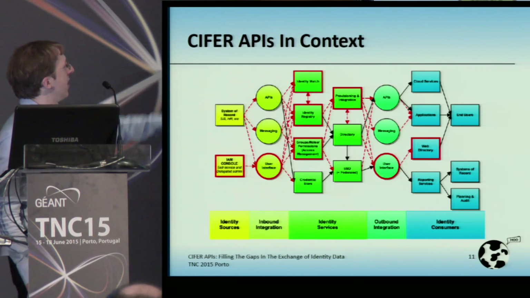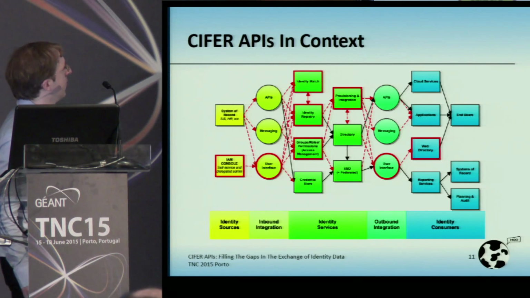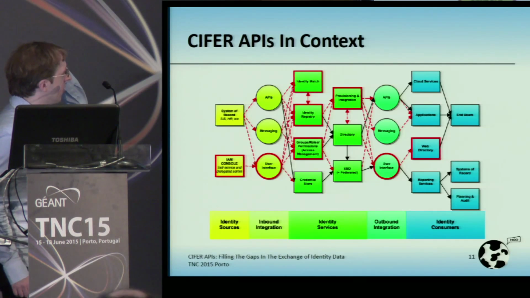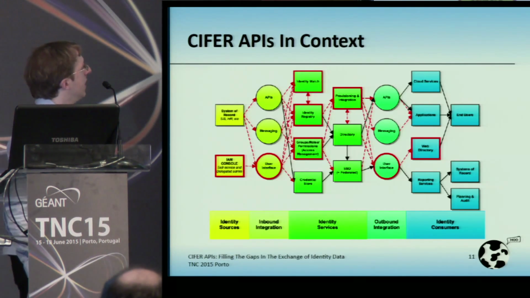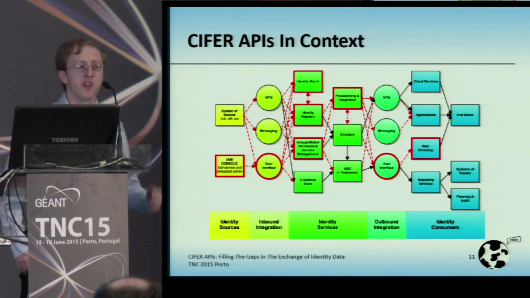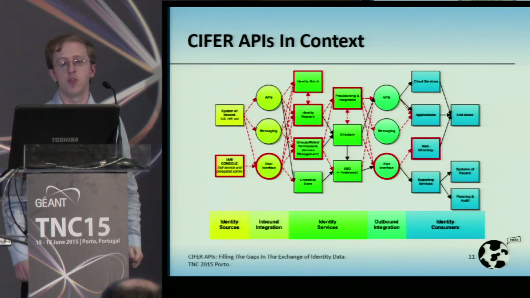And then we get to some core identity management services: identity match, identity registry, provisioning and integration, directory, groups and authorization, credential stores and SSO. And then we've got some outbound integration, which looks the same as the inbound side. And then identity consumers, because again, at the end of the day, nobody cares about identity management. They want access to the applications.